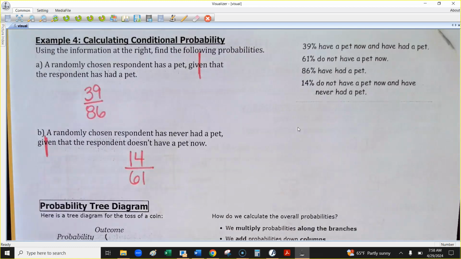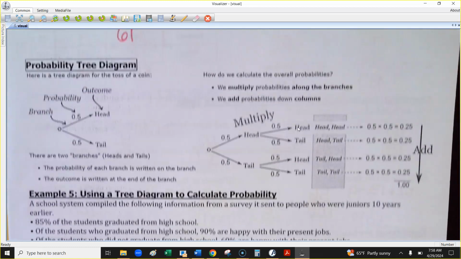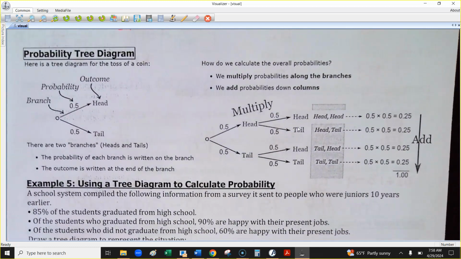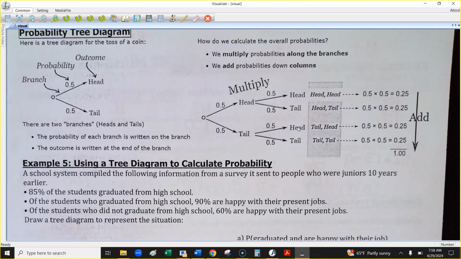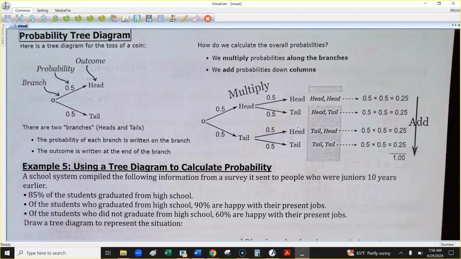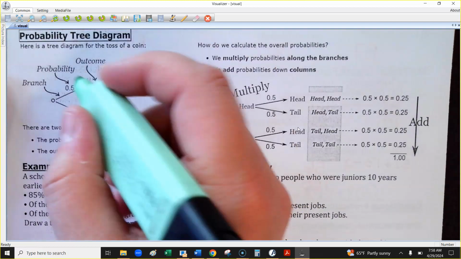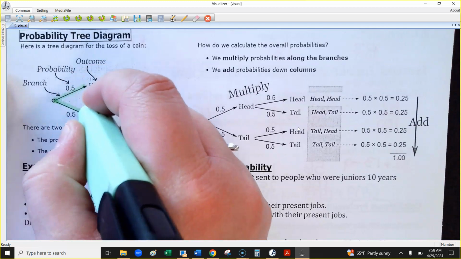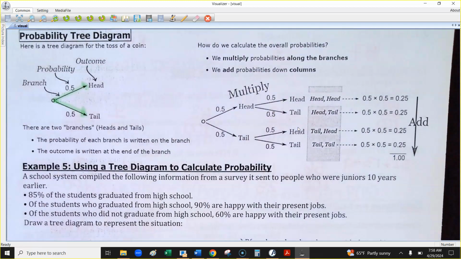Okay, the last thing we're going to talk about here is called a tree diagram. This is just a way you can display different probabilities a little bit more visually. I sort of stole this from the internet so you guys could get one that was already done, but this just shows the action of tossing a coin. What would the options be?